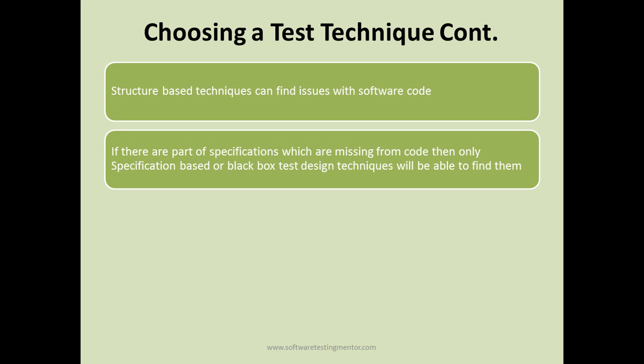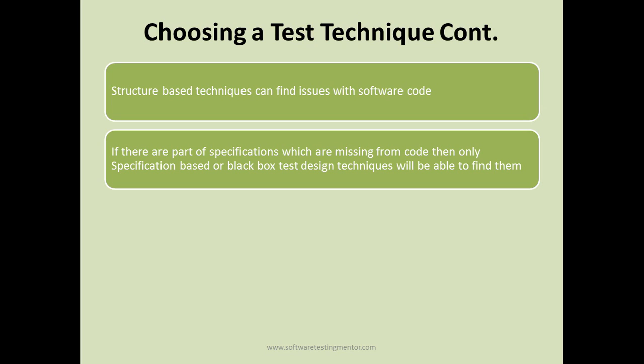If the requirement says that functionality 1 should be there in the build that is delivered by the developer, and you have test cases for that functionality 1 that needs to be there in the code, but the code doesn't have that functionality, then your test cases designed using black box test design technique will be able to find out that the functionality is not available in the code.